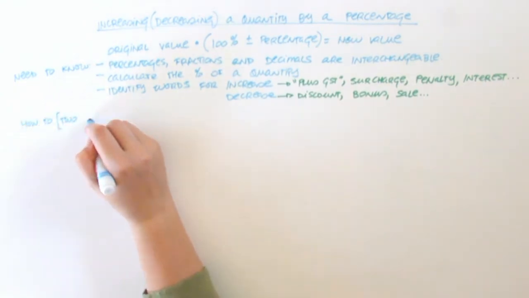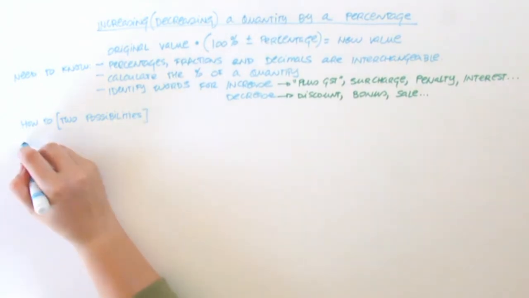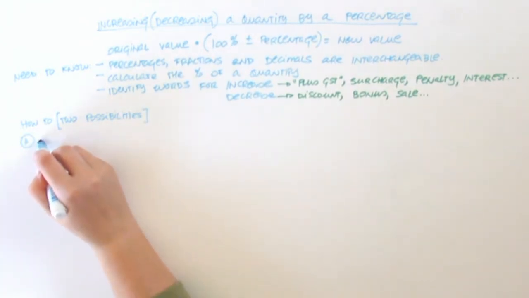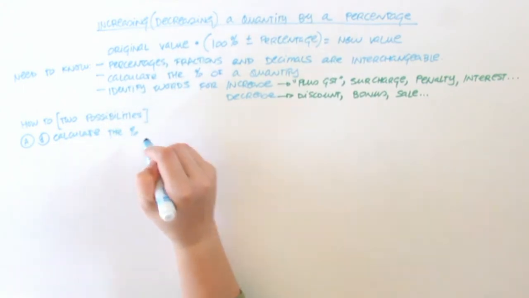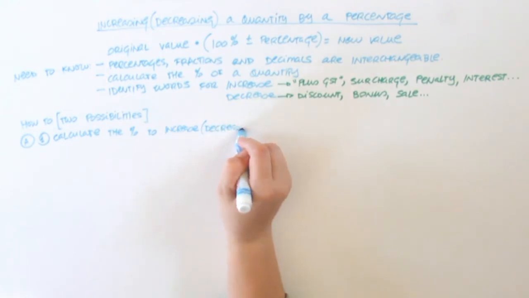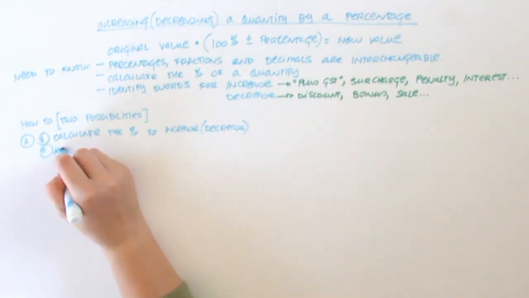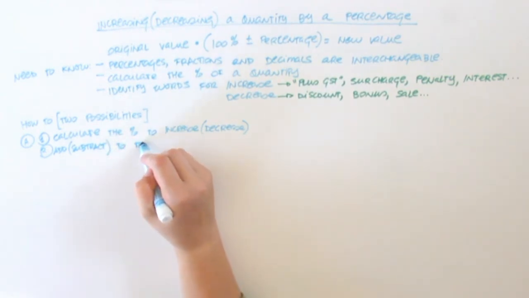Now, how to, step by step, you actually have two possibilities. So your first option is to first calculate the percentage to increase. And remember, when I say increase, it's increase or decrease. And then add or subtract to the original value.